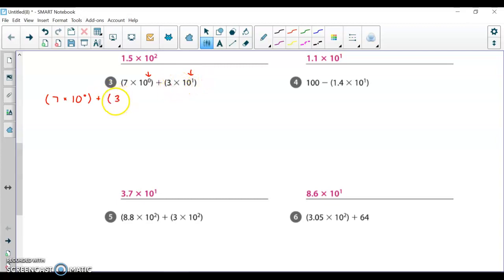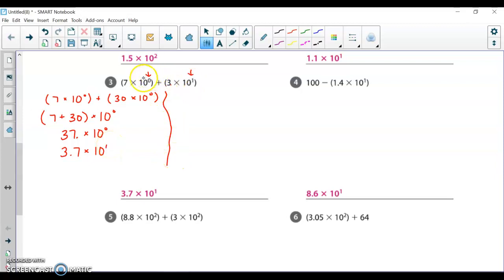So in this case, it would become 30 times 10 to the power of 0. I can add my 7 and 30 and get 37 times 10 to the power of 0. But my number out front is not between 1 and 10, so I would move that decimal back and add 1 on to get 3.7 times 10 to the first.